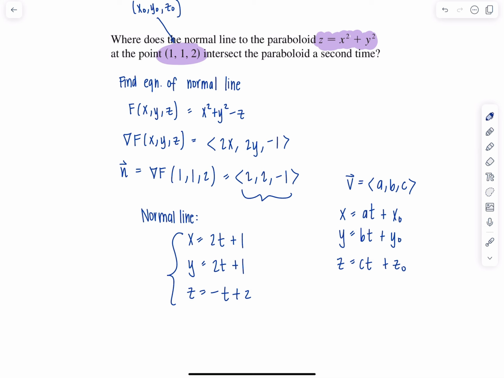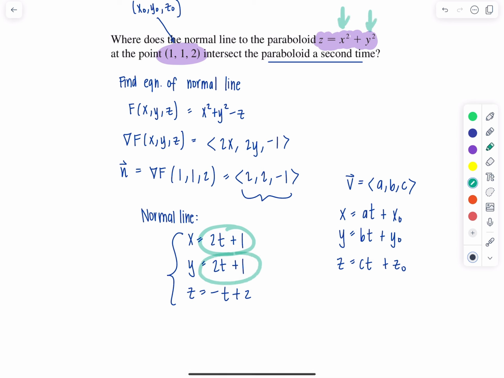Now, the problem states that this normal line intersects the paraboloid a second time. Where does that happen? I'm going to substitute 2t plus 1 for x, 2t plus 1 for y, and -t plus 2 for z into the equation of the paraboloid. I want to see where the normal line intersects the paraboloid. I already know one place, so where else?